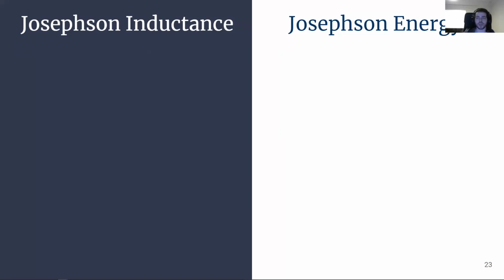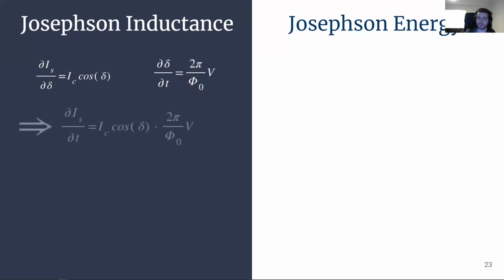So here, taking the partial derivative of the DC Josephson effect, we have the cosine, and we already defined the change of the phase with respect to time like this. So now we can apply a chain rule and arrive at this result.